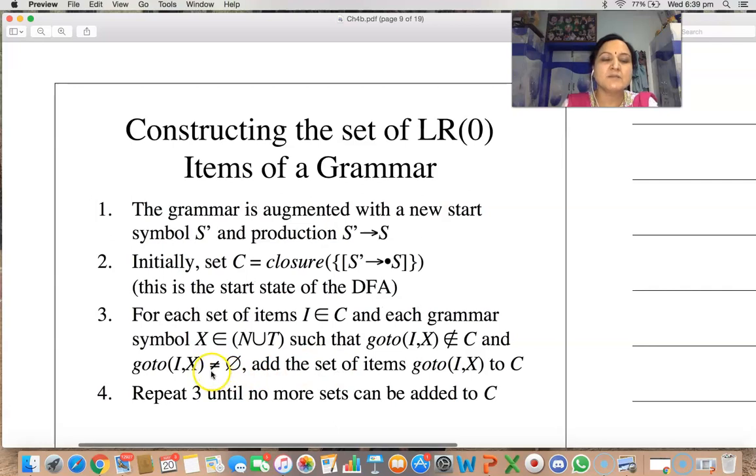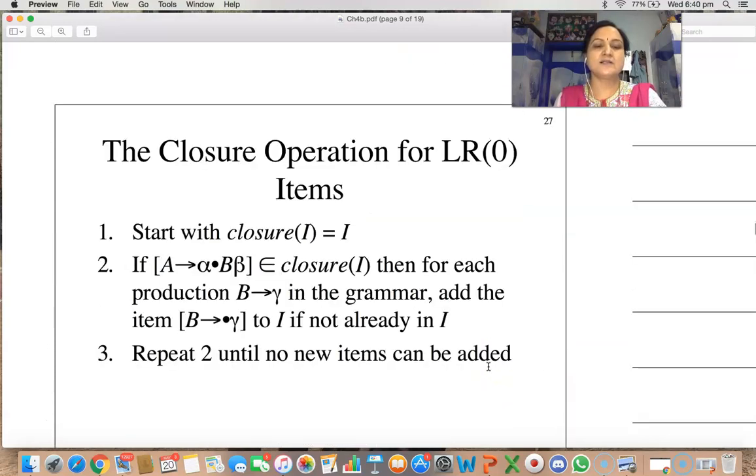And we may get some of the gotos as empty, because not on every grammar symbol from every state we are having a transition in the DFA. So whenever we do not have a transition on any of the states in the DFA, we will write that goto I comma X is equal to phi, that is empty, and then add the set of items goto I comma X to C. We'll see all these things with example, then the things will be more clear.